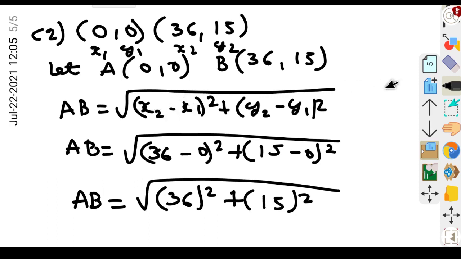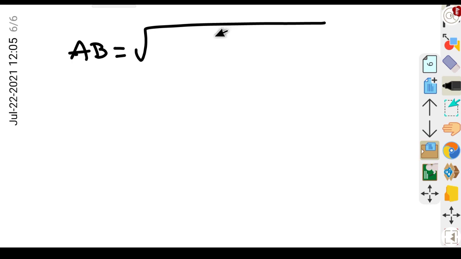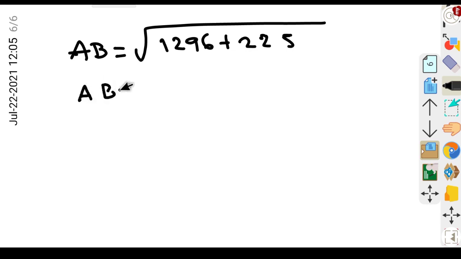So therefore I'll write in the next sheet. So therefore AB equals the square root of, now 36 square is 1296 plus 15 square is 225. Okay, now AB equals the square root of, if you add both these it's 1521.